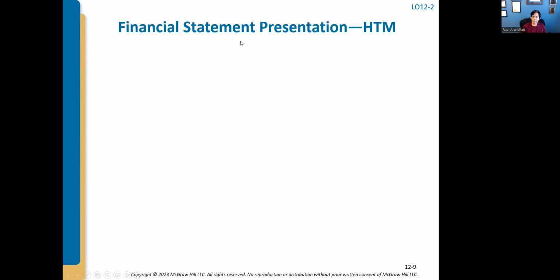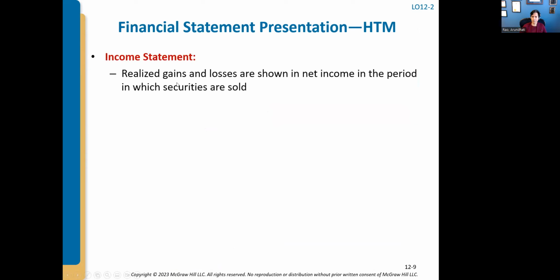Now, how would this affect my financial statements if I classify it as held to maturity? Again, I have the intention and the ability to hold these bonds until maturity. So in the income statement, when will I realize a gain or loss? Only when I sell it. Okay, so only in the period in which I sell, I'll recognize any gains or losses.